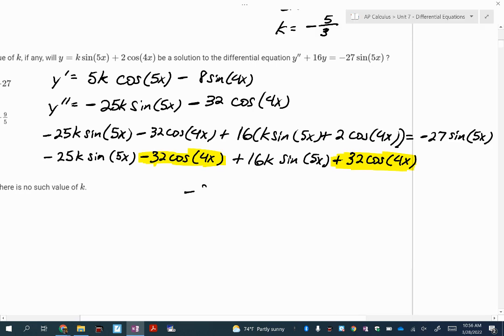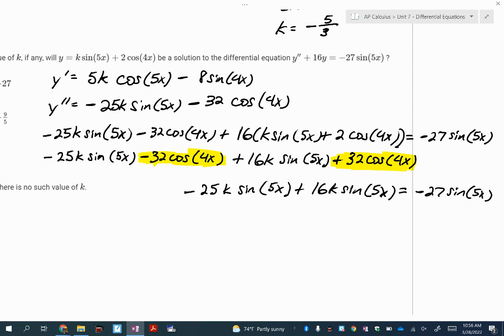To give us just negative 25k times the sine of 5x plus 16k times the sine of 5x equals negative 27 times the sine of 5x. So lots of like terms here. I'm going to add negative 25k plus 16k to get negative 9k.